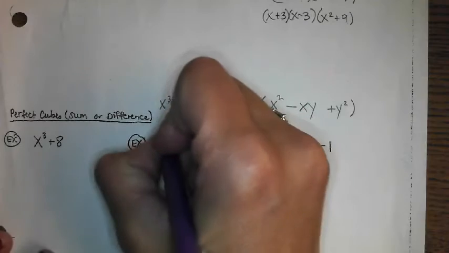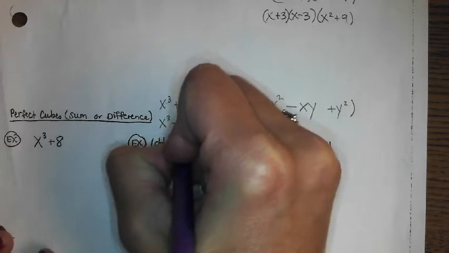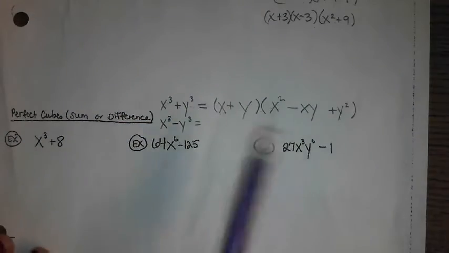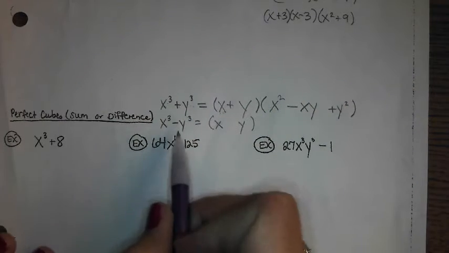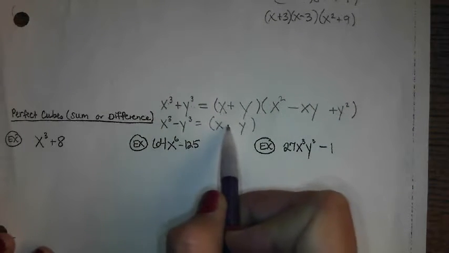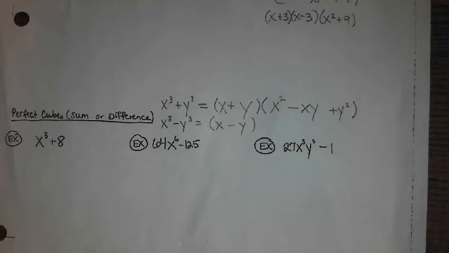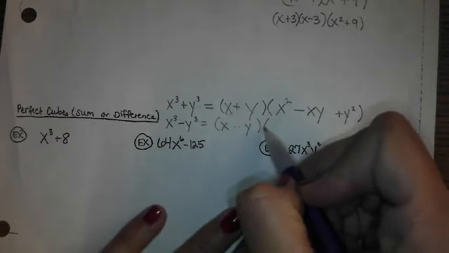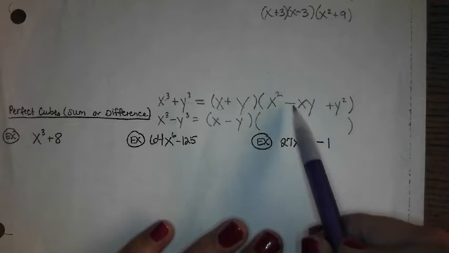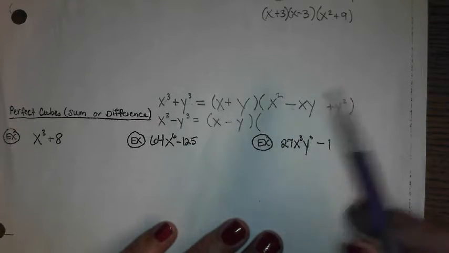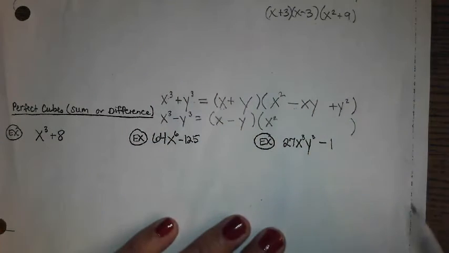Now, once you know one of these, the sum that we just did, the difference is pretty much the same thing, where you take the cubed root x and the cubed root y, but because it's the difference, the binomial is the difference. Your trinomial is going to be exactly the same, except for the sign of the middle term. So still an x squared.